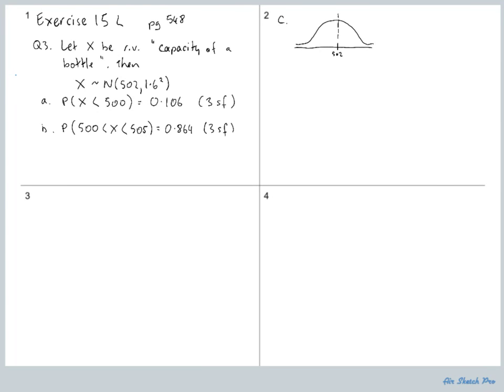So you'd probably be looking at A being about here, and symmetrically, B being in there. And it says what are A and B. So we know that the shaded area here is 95%.